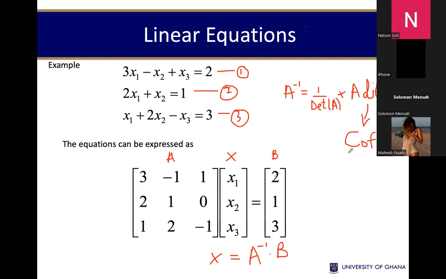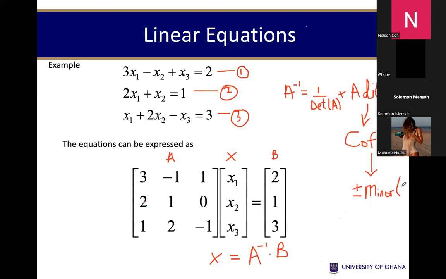Now, how do you get the cofactors of A? This is basically you dealing with the minors, and you add a plus and minus sign to the minors of A. That is what we refer to as the cofactors.